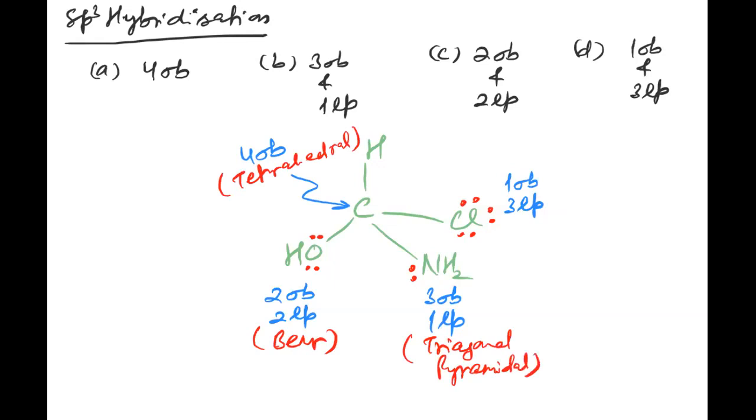And in the case of chlorine, it is forming 1 sigma bond and 3 lone pairs of electrons.